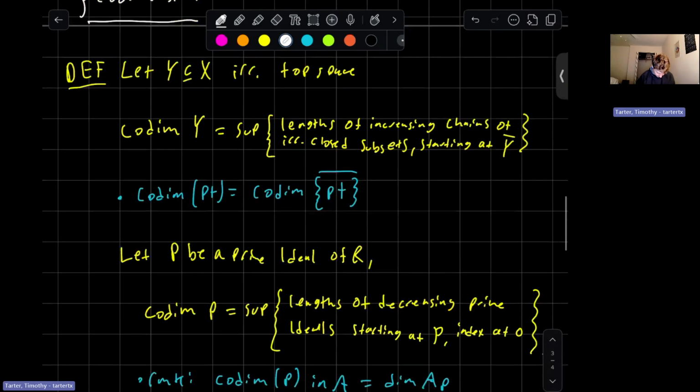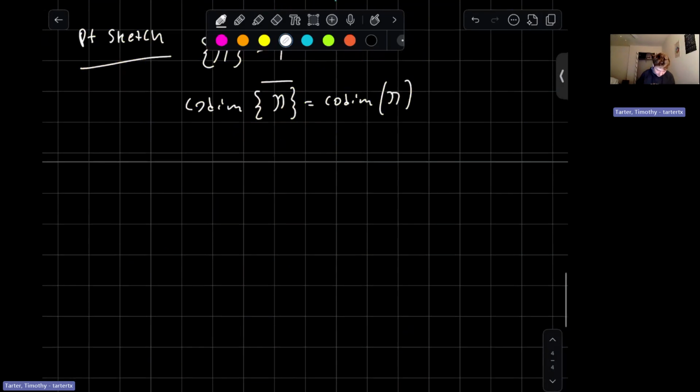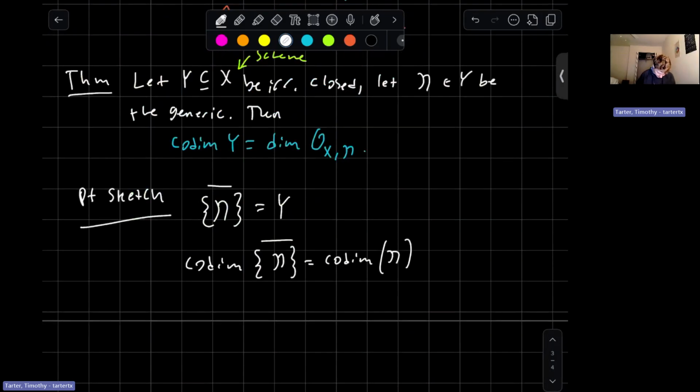Right, I guess that's more for topological spaces, so maybe not. Dimension of a local ring.